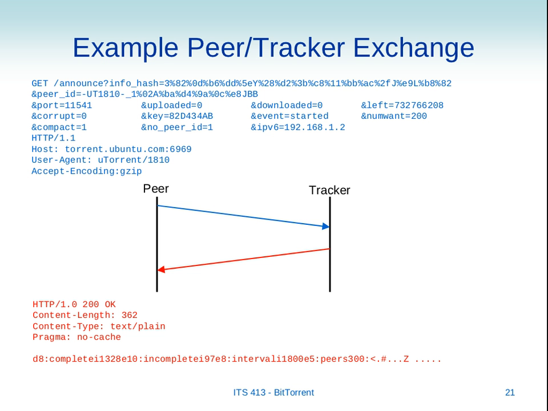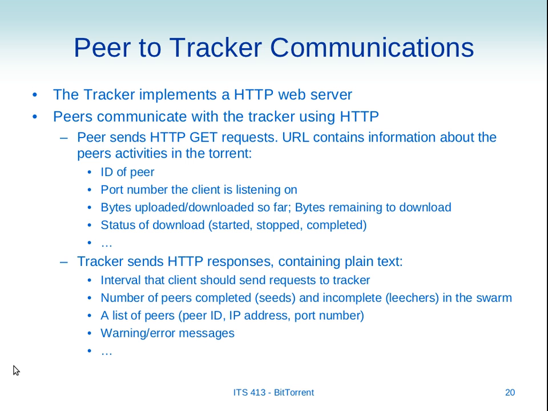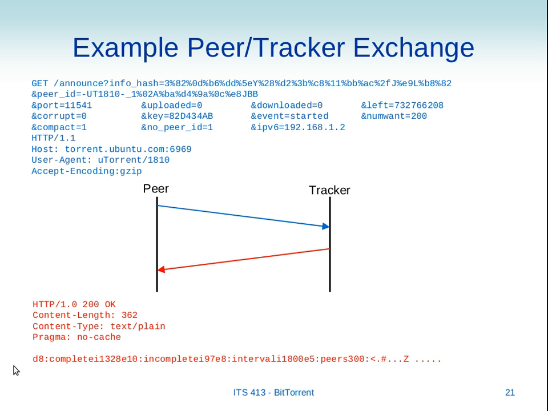So there are 1,328 seeds and 97 leeches in this example. The interval for which the peer needs to recontact the tracker, 1,800 seconds, every 30 minutes in this case. And the other statistics, as we listed here, the list of peers.